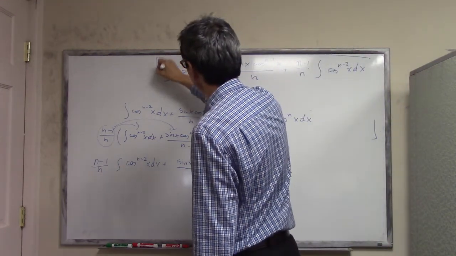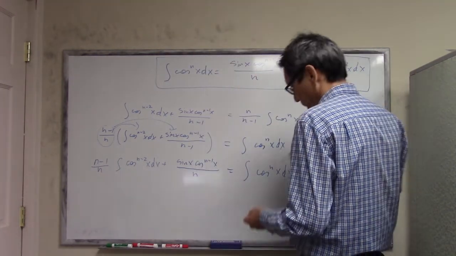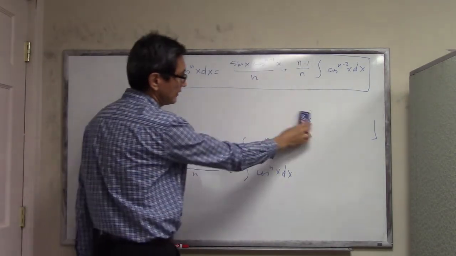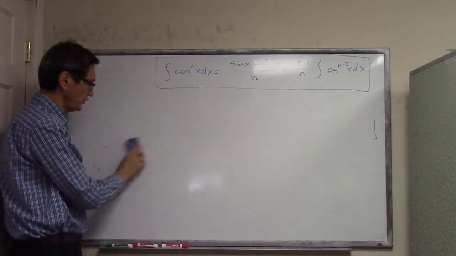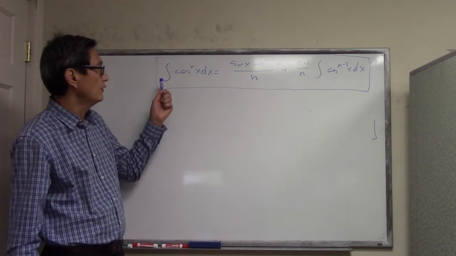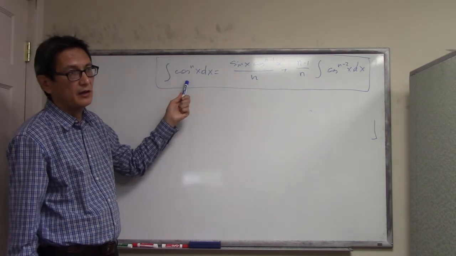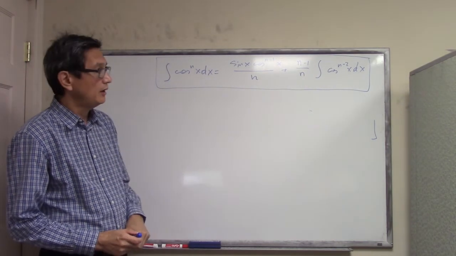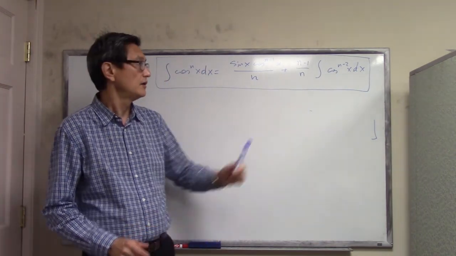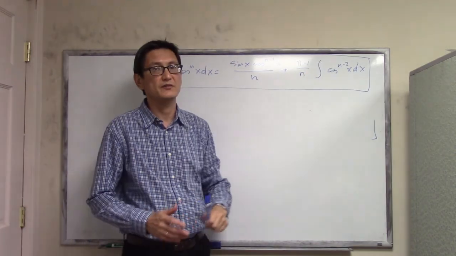That's the formula we are looking for. That's the cosine reduction formula. What it does is allow us to reduce the power of cosine. We started with the integral of cosine raised to the nth power, and if we apply this formula, at the end we need to calculate cosine raised to the power which is 2 less than the original one.